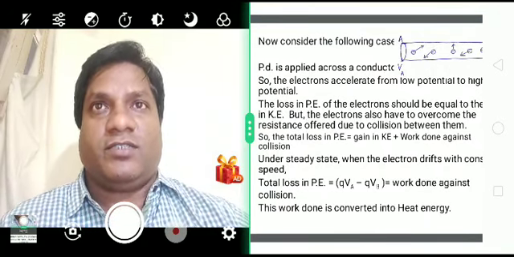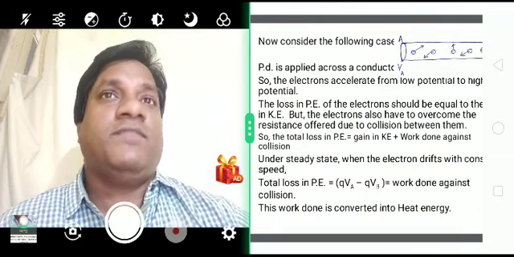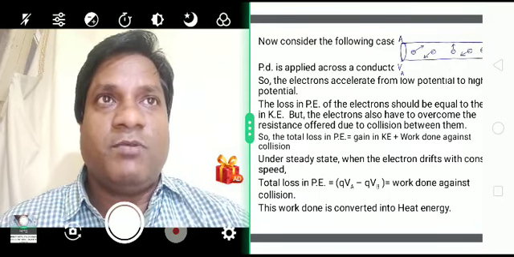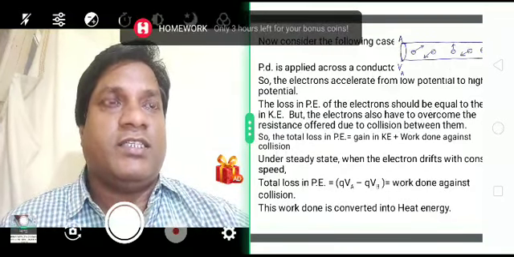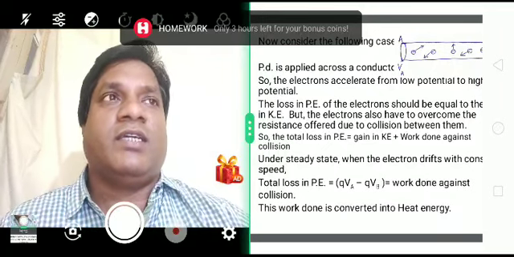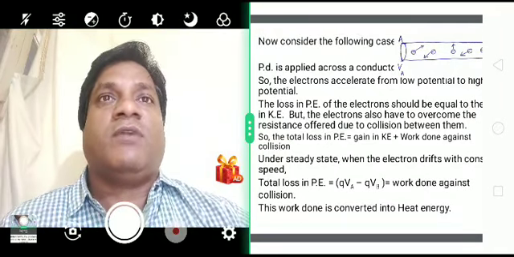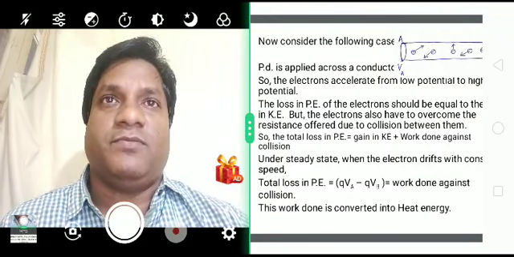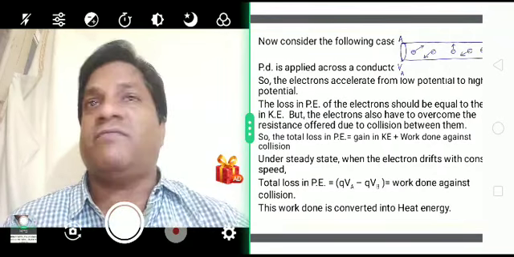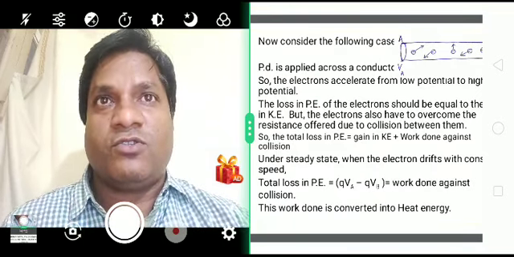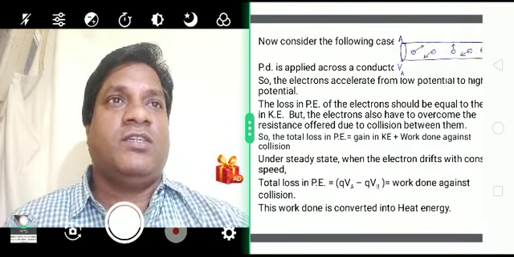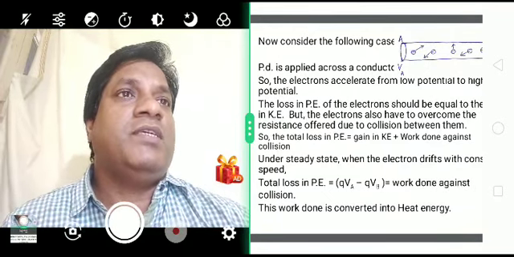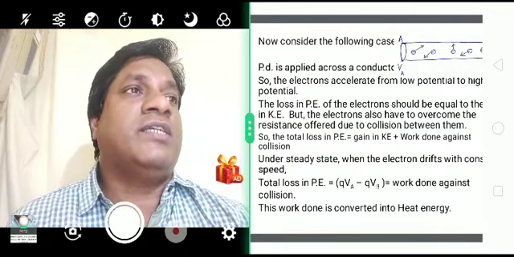So in this case, when the electrons drift in a conductor, the total loss in potential energy will be equal to the gain in kinetic energy plus the work done against collision. Now, under steady state, when the electrons drift with a constant speed, that means when we maintain a constant potential difference across the conductor, the total loss in potential energy, which is equal to Q into (VA minus VB), will be equal to the work done against collision.